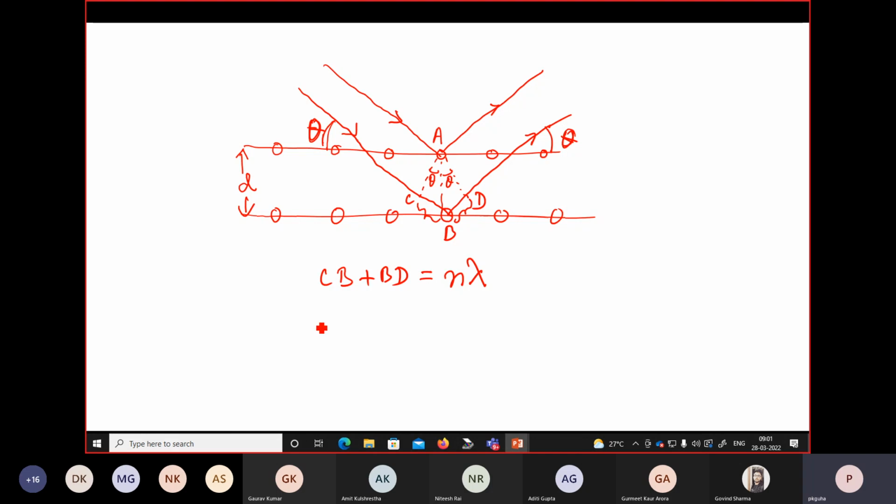CB is d sine theta, because d is the distance between these two planes, and BD is also d sine theta, so 2d sine theta is equal to n lambda. You remember we discussed this formula, right?